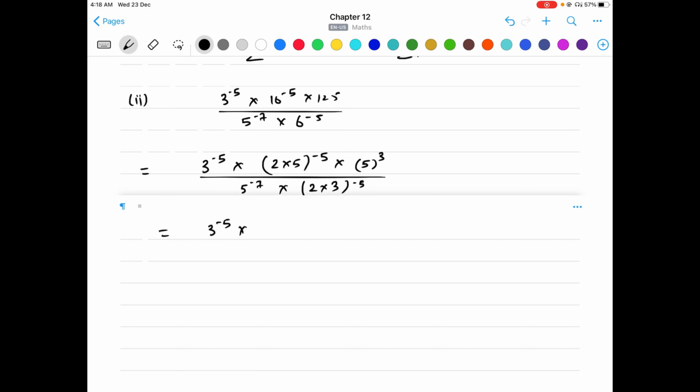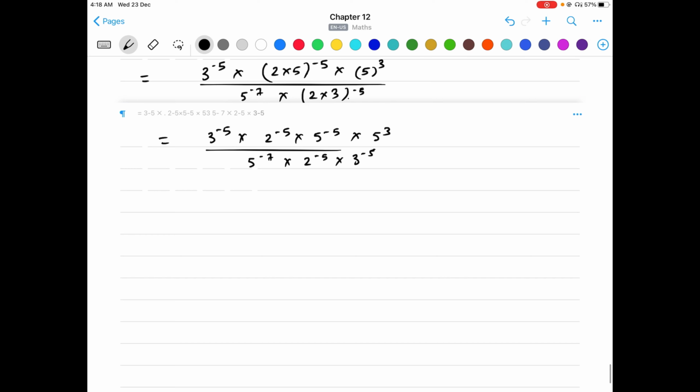So this will be 3 power minus 5 into, when you open this bracket, 2 power minus 5 into 5 power minus 5. Then we have 5 power 3 divided by 5 power minus 7 into, when you open this bracket, 2 power minus 5 into 3 power minus 5.